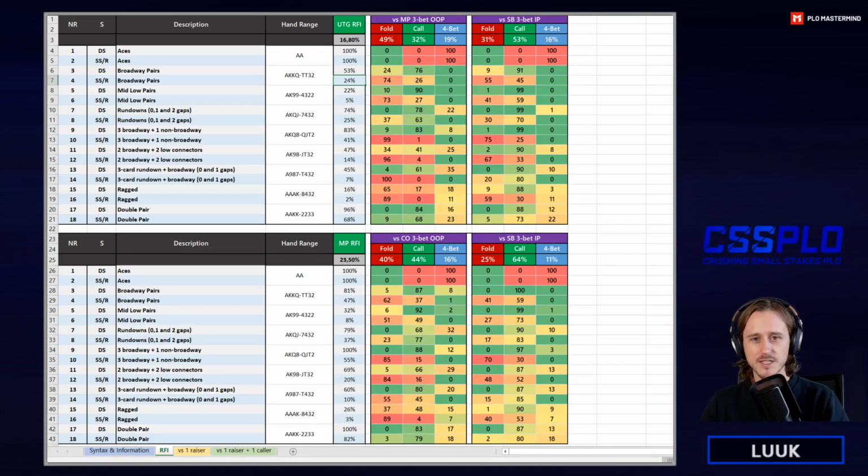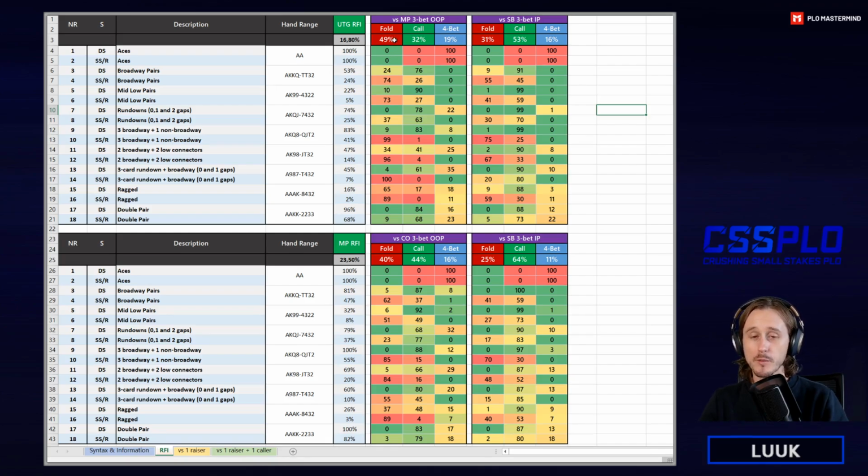Now the next section is about facing a 3-bet. If you get 3-bet from early position, you can be out of position or you can be in position. Now when you're out of position, I chose versus MP 3-bet. And here you can see the fold, the call, and the 4-bet ranges and frequencies.